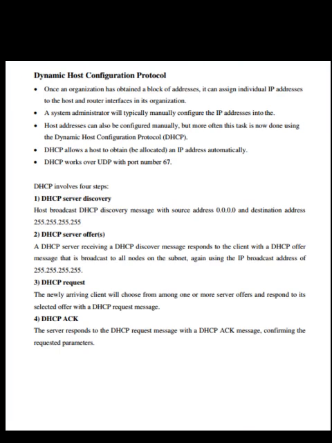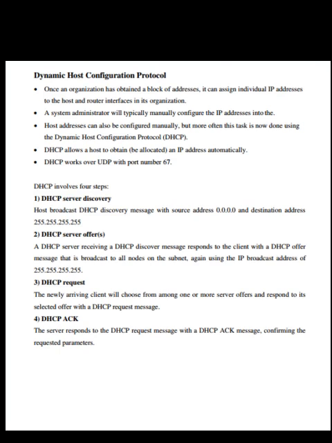A DHCP server receiving a DHCP discover message responds to the client with a DHCP offer message that is broadcast to all nodes on the subnet, again using the IP broadcast address of 255.255.255.255.